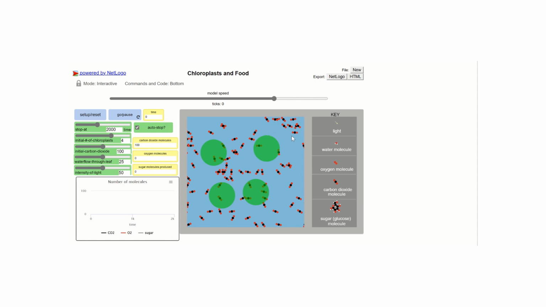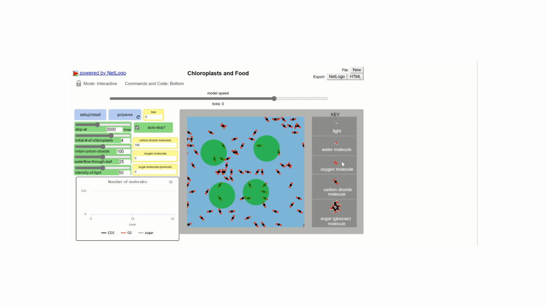Those are molecules. Let's look over here on the right. That's our key, just so you'll know what these symbols stand for. A little yellow arrow is light. A water molecule will be 2 white dots and 1 red dot, H2O.